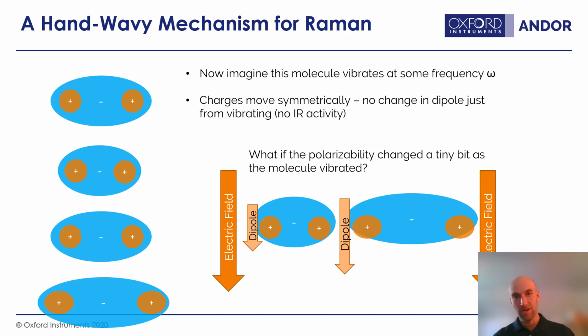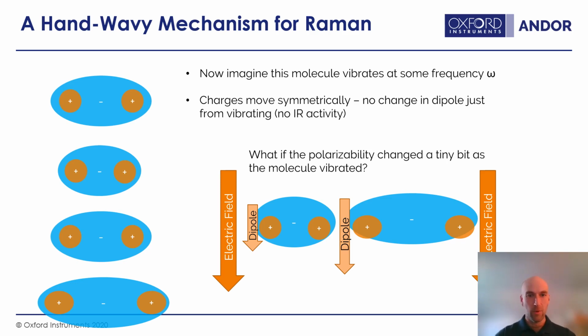Now, hear me out. What if the polarizability changed a tiny bit as the molecule vibrated? Here is the molecule at this frame when it's squished together. Here's the molecule at this frame when it's pulled apart, just by inertia, not by some external force. So what if we looked at the polarizability when the molecule's like this, and when the molecule's like that? What if they were just a little bit different? Why would they be different?